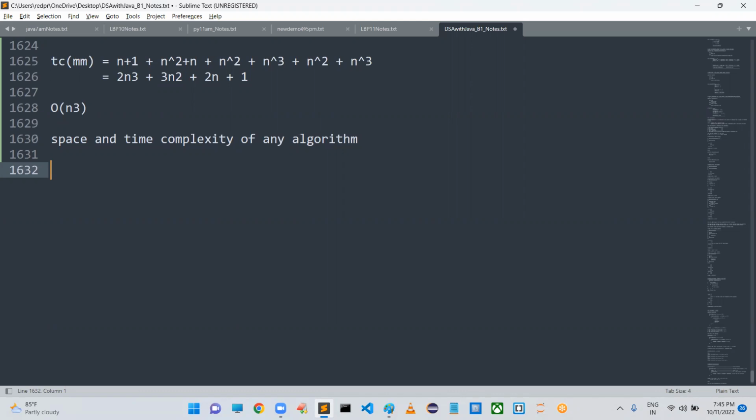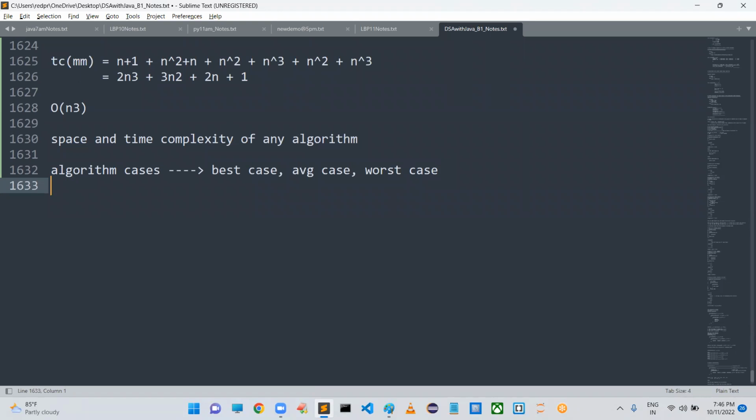Now we are going to talk about algorithm cases: we have best case algorithms, average case algorithms, and worst case algorithms. Next, asymptotic notations.